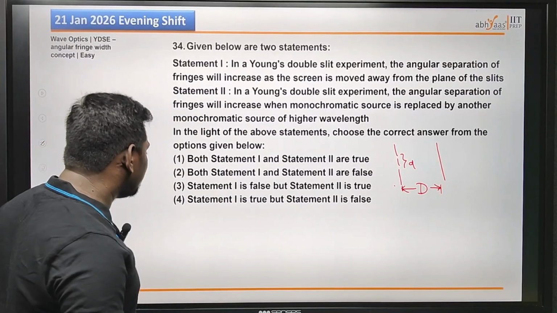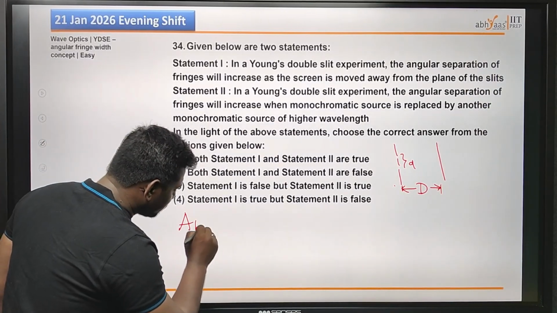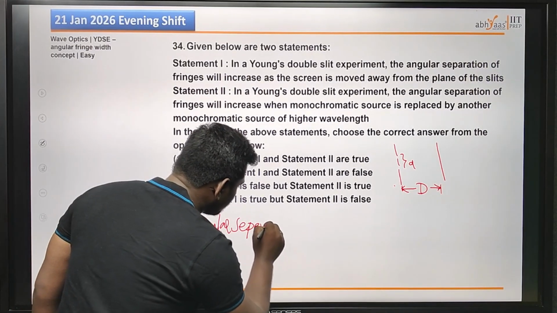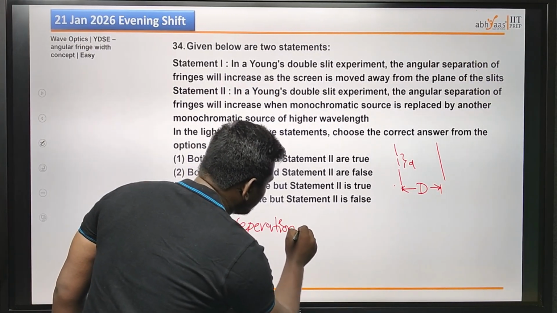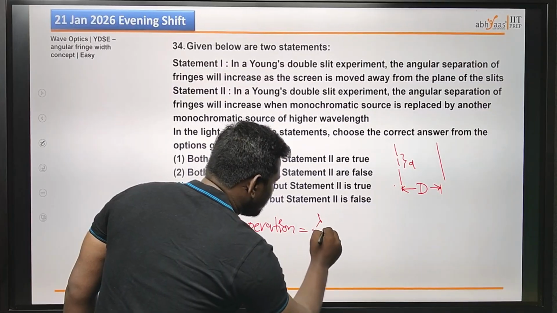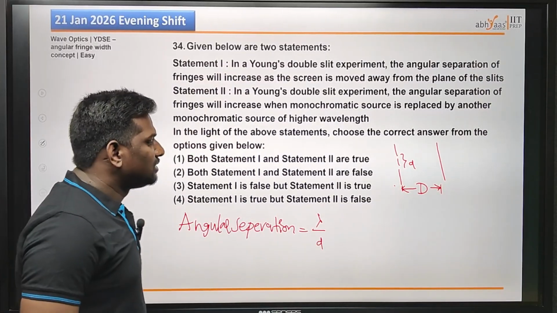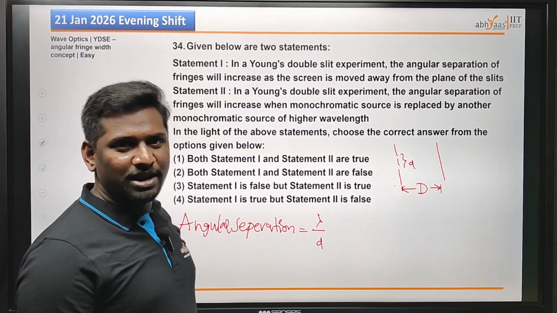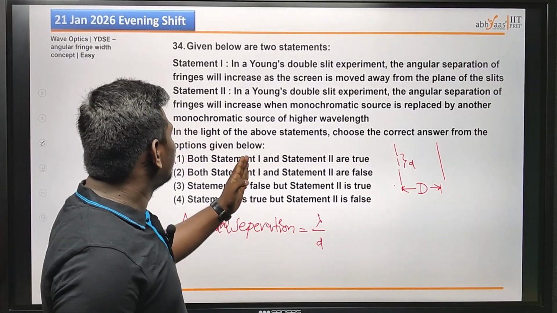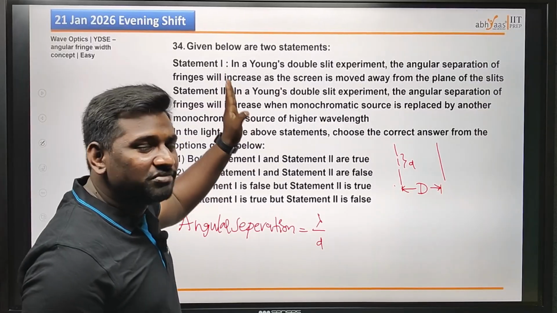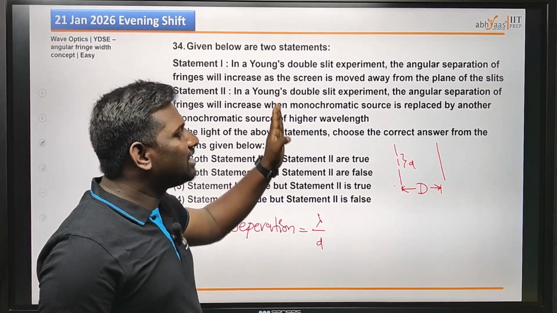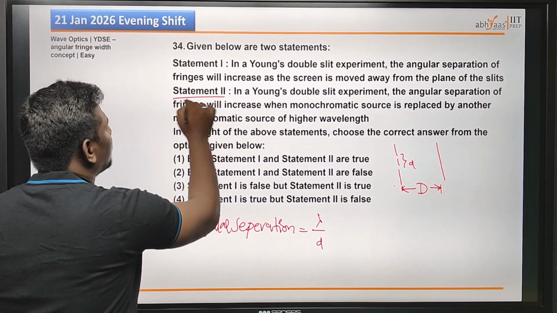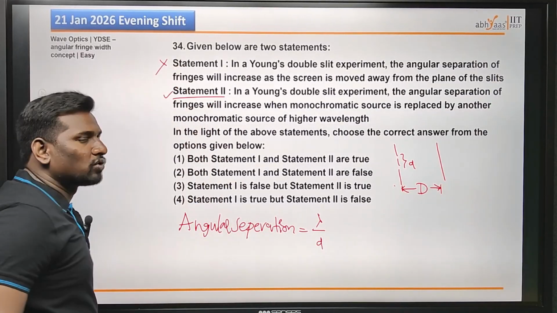Angular separation is nothing but lambda by d, small d. Small d is the distance between the two slits, and lambda is the wavelength. So if we increase the wavelength, the angular separation is increasing. So statement 2 is correct and statement 1 is wrong.